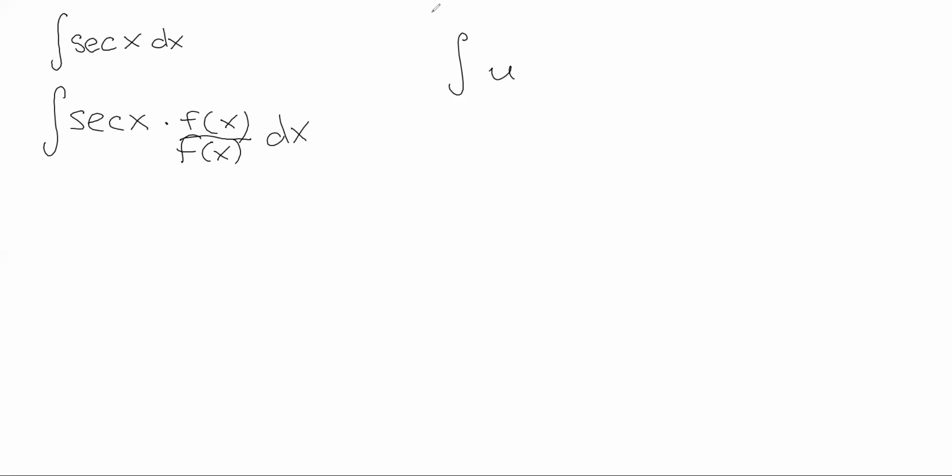Well, let's talk about all of the derivatives that have secant, because we know the top of this is supposed to be du. It's supposed to be the derivative of our function u, yet to be determined. So let's see if we can think of any derivatives or any functions whose derivative has secant in it. Well, there's that example from earlier.